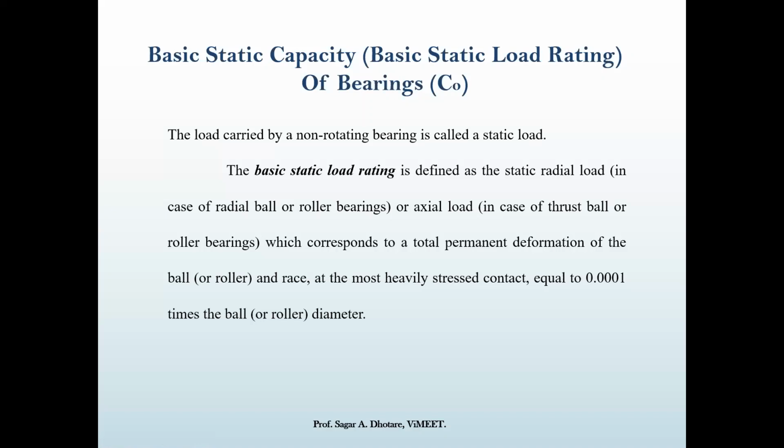It is a very important aspect of any bearing design because we normally choose a bearing from the manufacturer's catalog based on this value. Okay, so static load is the load acting on the bearing when the bearing is in a stationary condition.